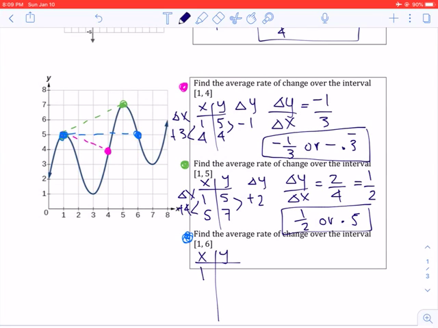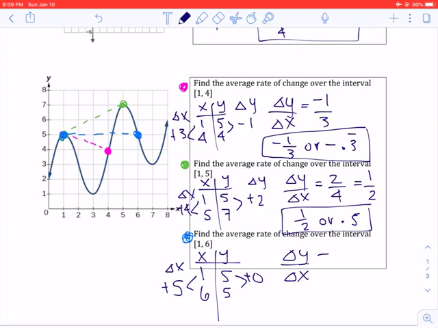x, y, same point, 1, 5. This second point is 6, 5. And to get from 5 to 5, my net change is 0. We could write plus 0 if you want to, because we're adding 0, but technically 0 is not positive or negative. And the length of the interval is 5. To be consistent, I have been writing that we're adding each time. Delta y over delta x.